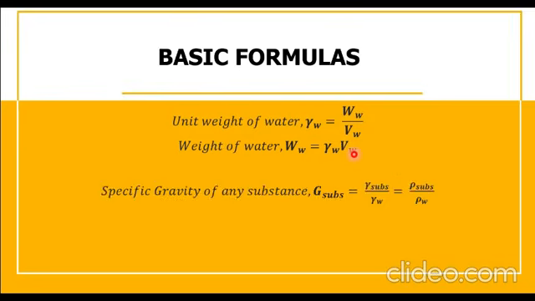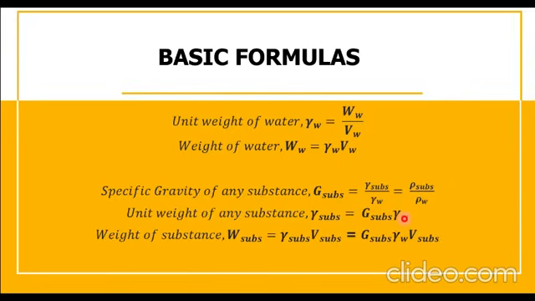Also, the specific gravity of any substance is equal to the unit weight of that substance all over the unit weight of water. And it is also equal to the density of substance all over the density of water. The unit weight of any substance from that formula can be derived and it will be equal to the specific gravity of any substance multiplied by the unit weight of water.